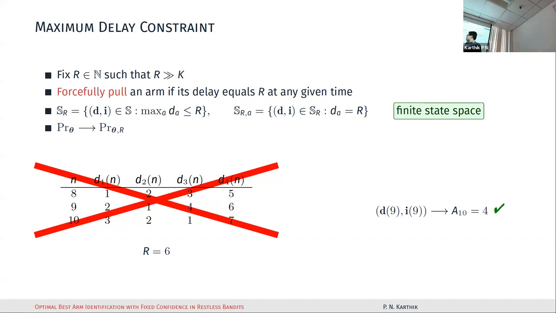Earlier, there was no R, so you were free to select arm 3. But now, because this has reached 6 and R is also equal to 6, you have to forcefully select this at the next time instant. So you basically won't have 7 and 8 in the table. Once it reaches 6, at the next time instant, it will reset to 1.